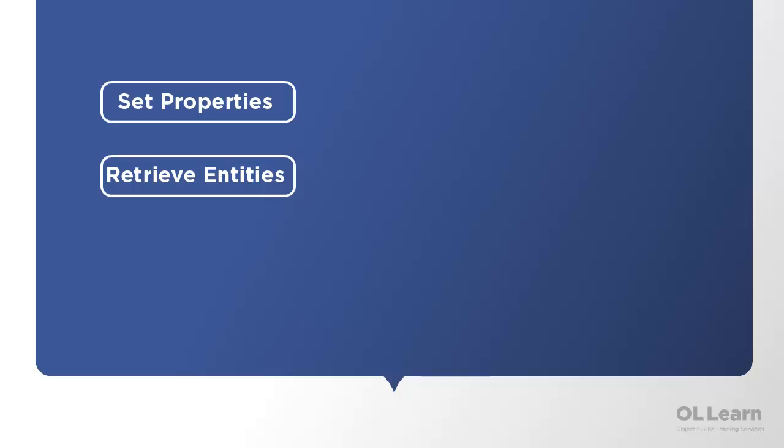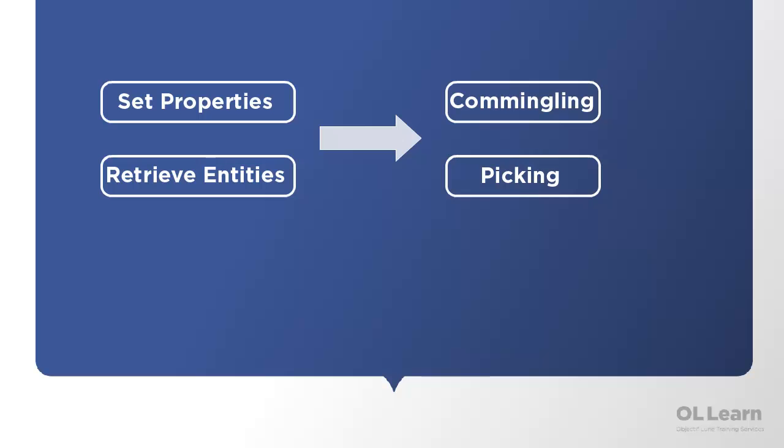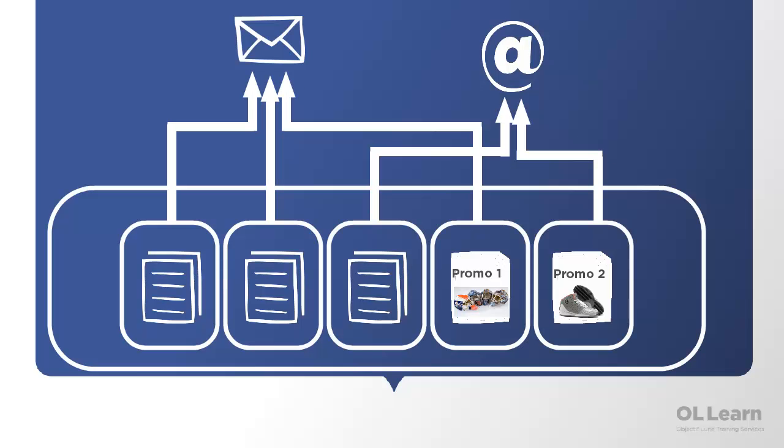The set property and the retrieve entities are what we're going to use for things like commingling and picking, basically grouping elements together in logical sets. So I can grab all of the invoices from the previous month for a specific customer, generate PDFs, and then send him an email with all of the PDFs of his monthly invoices so that he has an archive of that.